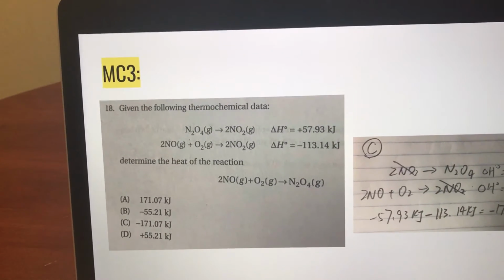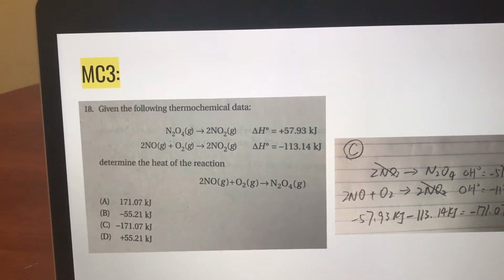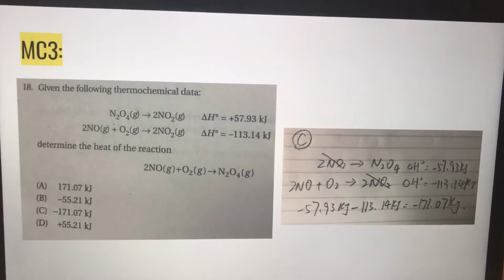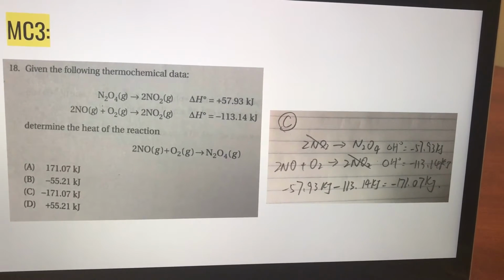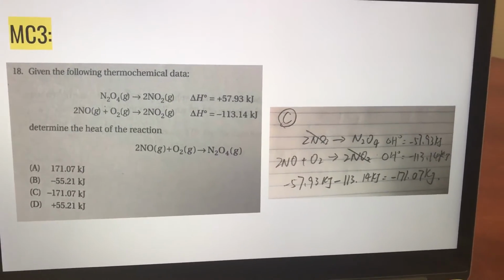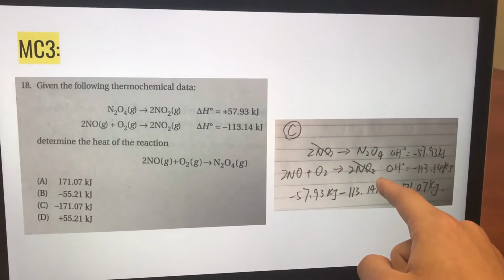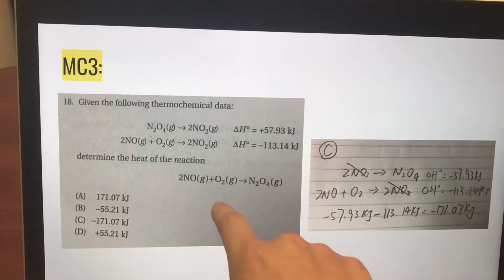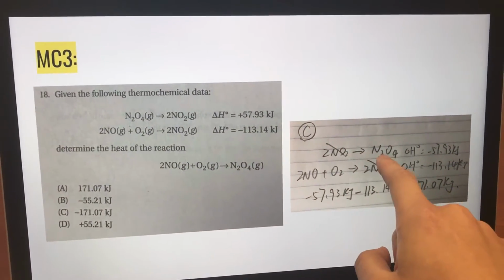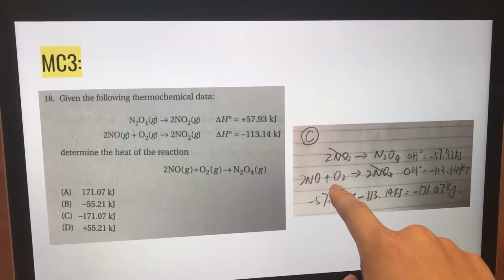So I try to reverse the direction of the first reaction first, and pretty amazingly we just got the answer. So we see here 2NO2 just cancelled, and the left one is just the one we want, and the right one is N2O4.